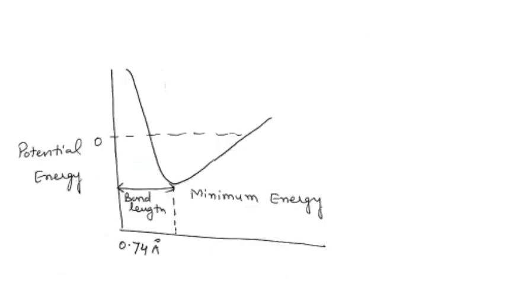The decrease in the energy can also be understood in this graph. We have plotted on the y-axis the potential energy, that is the stored energy in the atom. On the x-axis, we are seeing the distance, meaning when they come closer to one another.